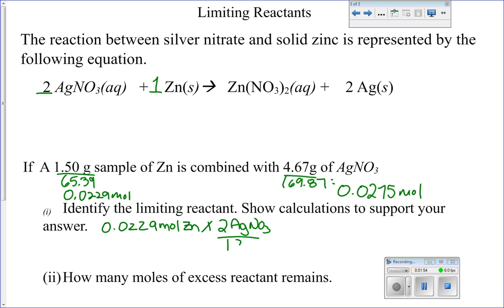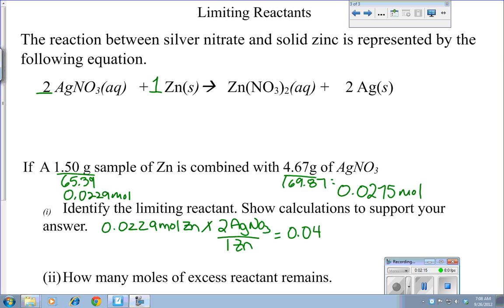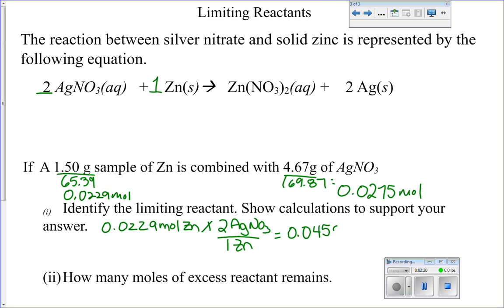That's the moles of zinc. If I do the math here real quick, if I double this up, I get that I should have 0.0458 moles of silver nitrate.